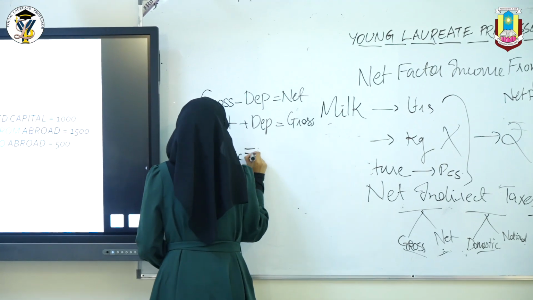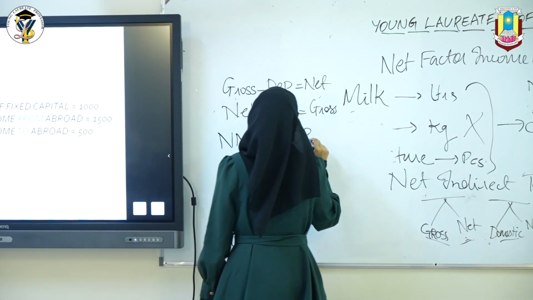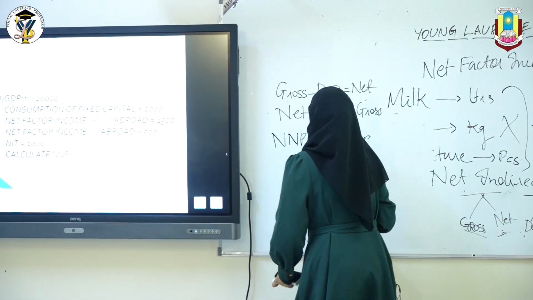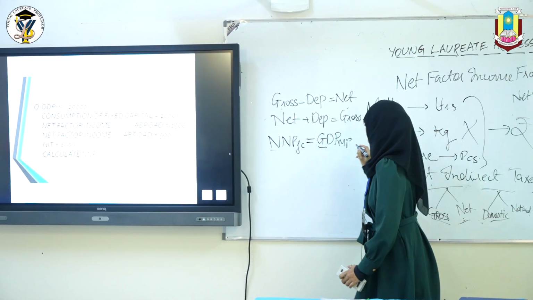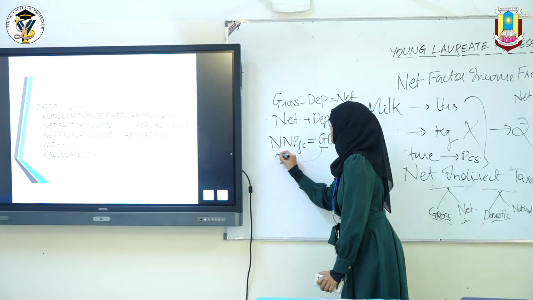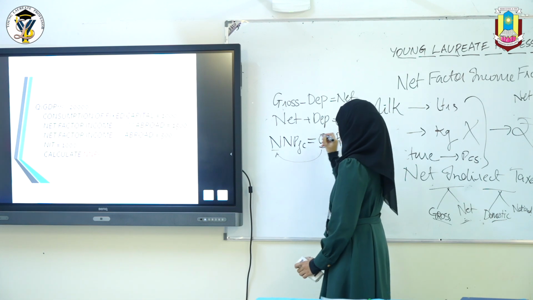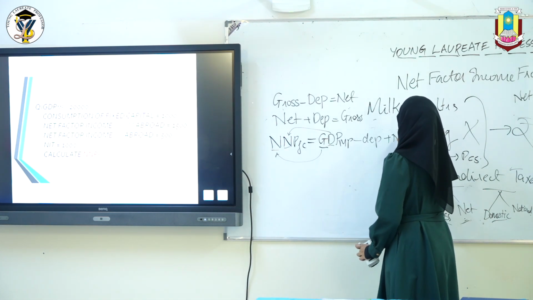So NNP is equal to GDP-MP. We know that to go from gross to net, we have to minus depreciation, and from domestic to national, we have to add NFIA.